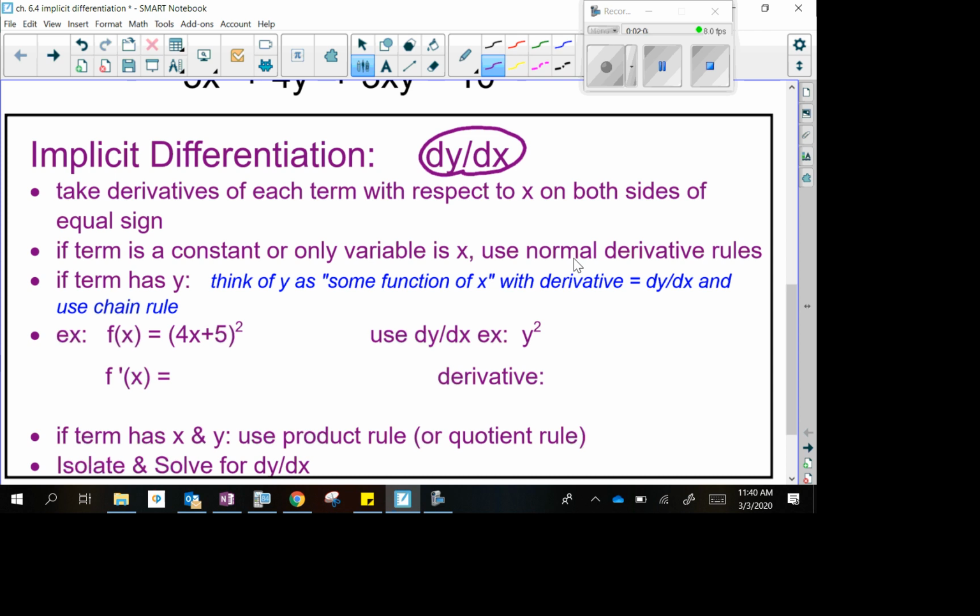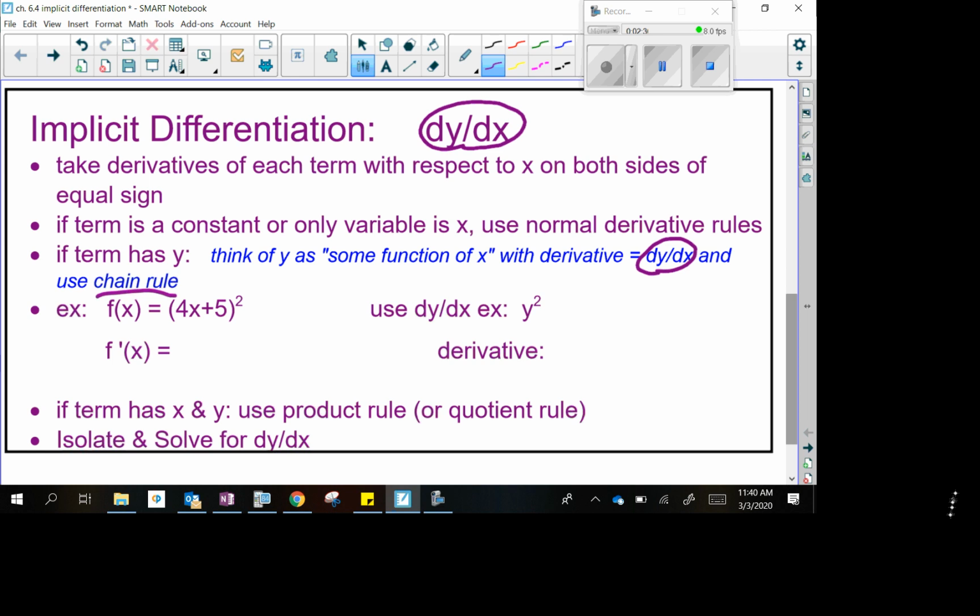But when a term has a y in it, you want to think of that y as representing some function of x. Even though it's just a variable, it represents some kind of function of x. And we're going to use dy/dx to denote its derivative, using the chain rule.